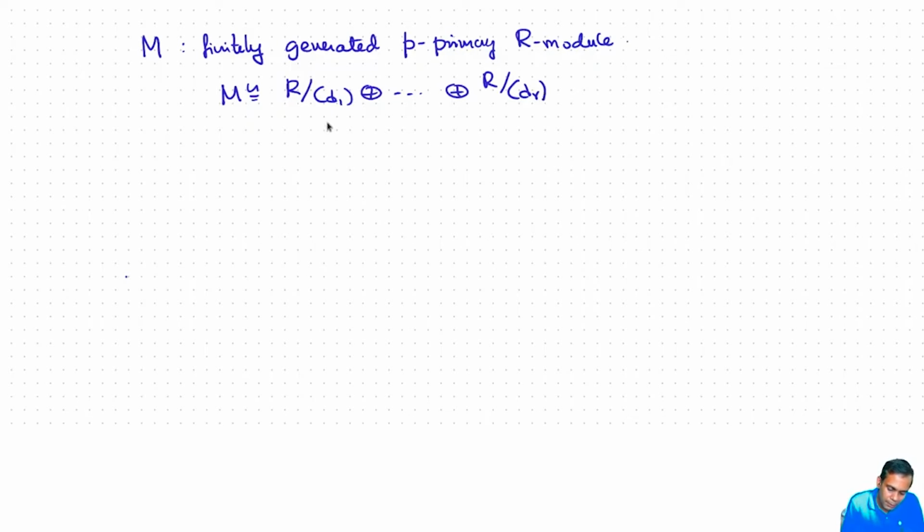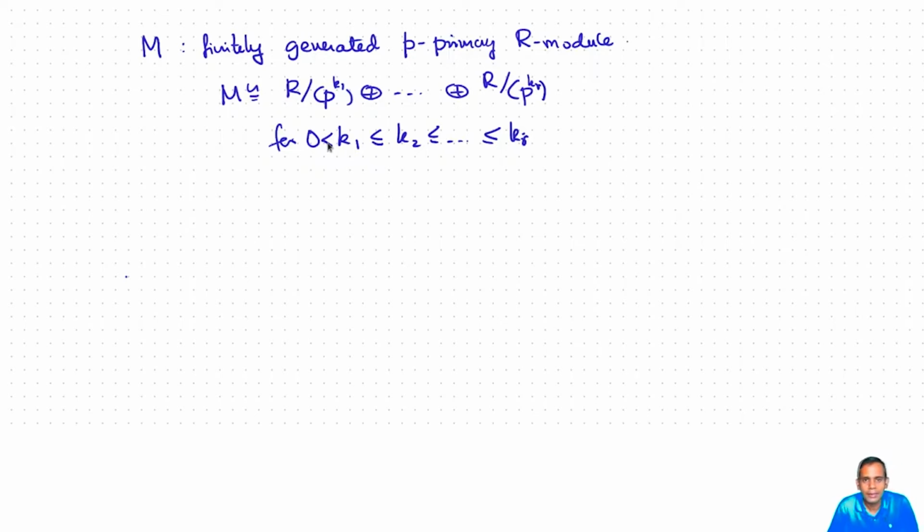But because it's P primary, these are just powers of P. We can say it's R mod P to the k1 plus through R mod P to the kr. And the divisibility condition says that k1 is less than or equal to k2 through kr, where of course k1 has to be strictly positive.